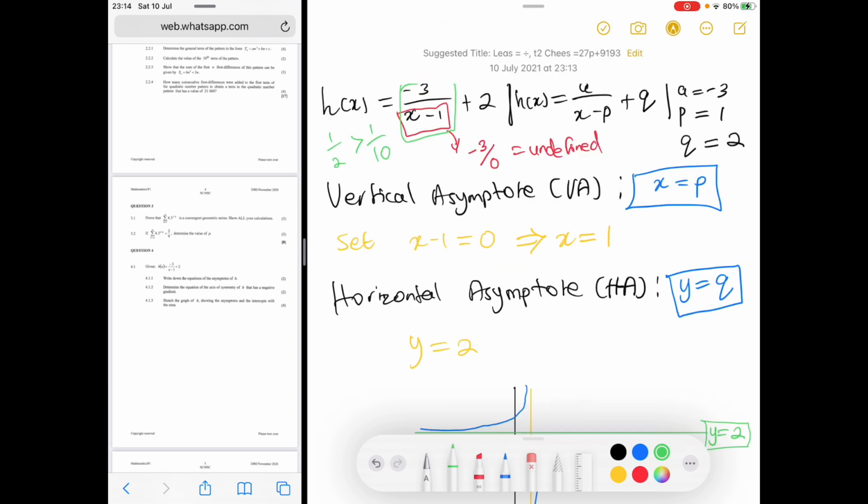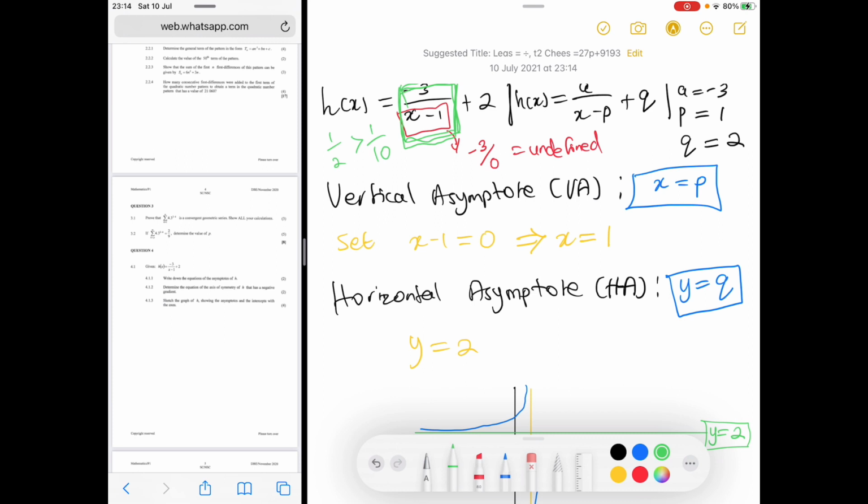The fraction part of the function, this part negative 3 over x minus 1, becomes smaller and smaller because the denominator keeps getting bigger and bigger. And the only significant part of the function will be 2 because this part is becoming closer and closer to 0. But it'll never be 0 exactly.